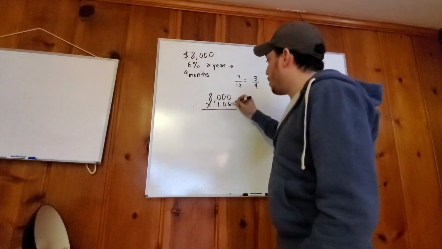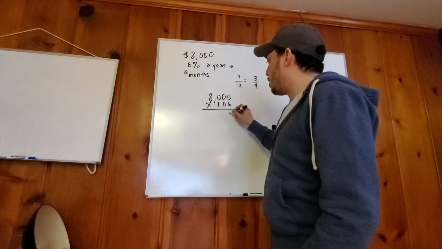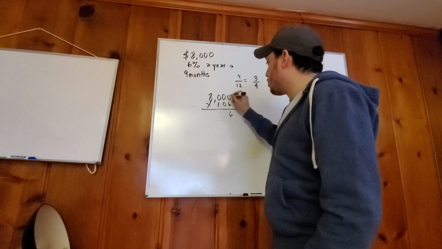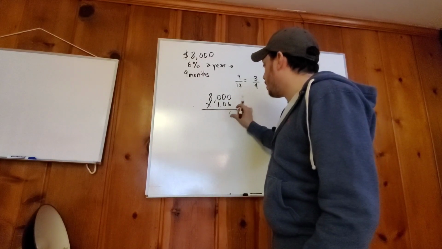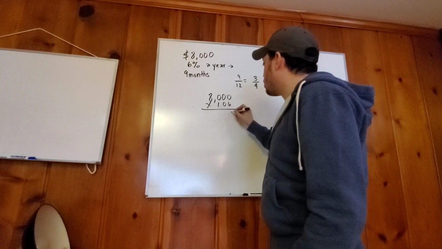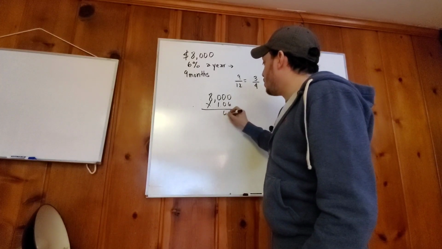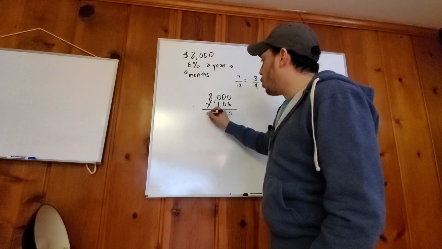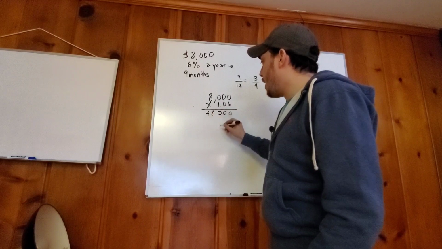And so we're going to do math. Wow, doing math in a math video. Crazy. 0 times 6 is 0. 0 times 6 is 0. 0 times 6 is 0. 8 times 6 is 48. Yay.